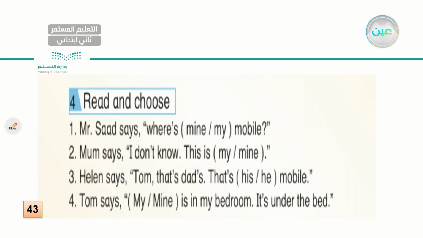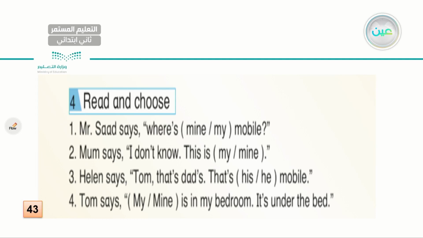Now let's move to the part in the middle. Read and choose. Now, I have 4 sentences here, and I have 2 choices, 2 options. Again, I'll be giving you some time. Try to find the answers yourself before I reveal the answers. Let's read together. Mr. Saad says, where is my mobile? Number 2, Mom says, I don't know.